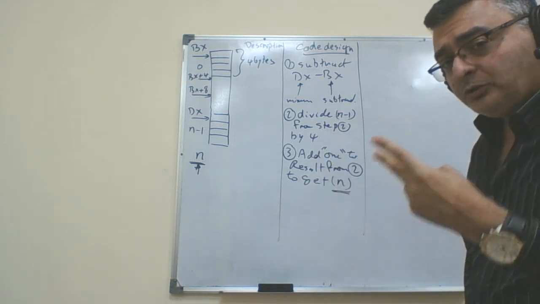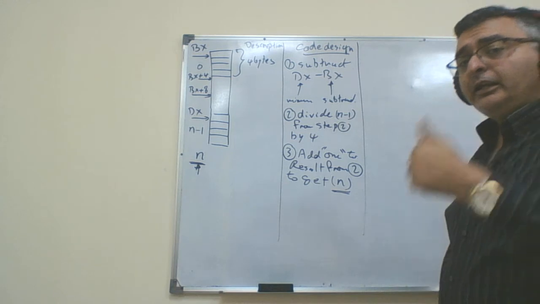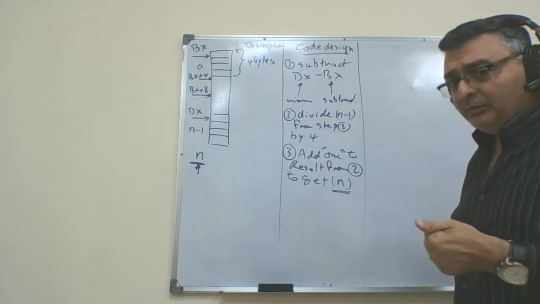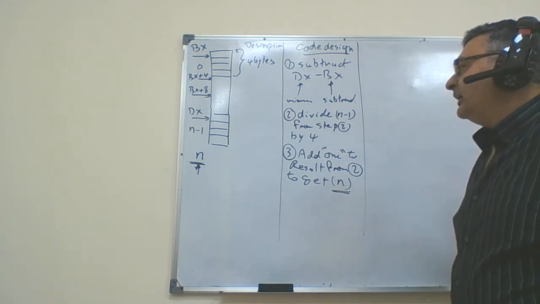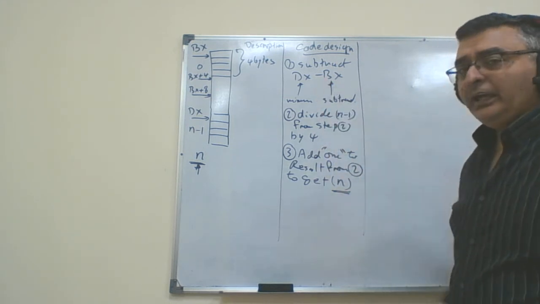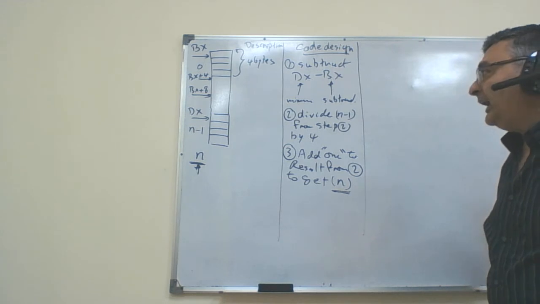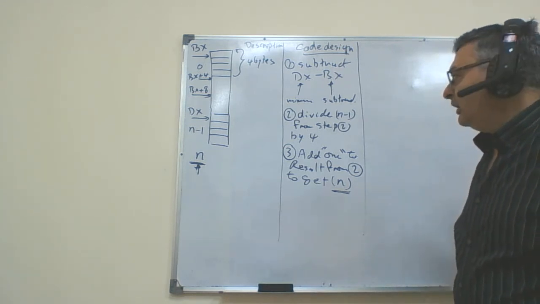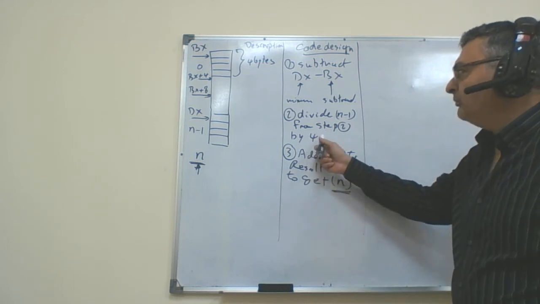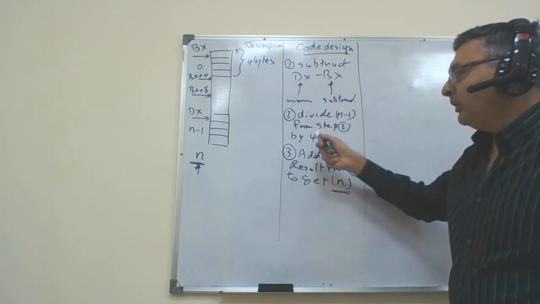There are two methods of division. I can use the DIV operation, which means I have to involve AX and DX in the operation, since I am dividing a word by 4.